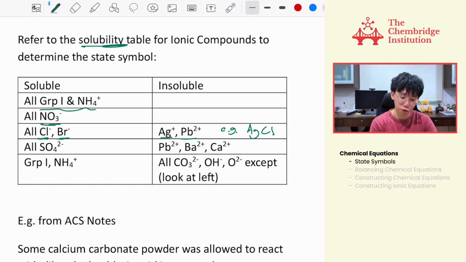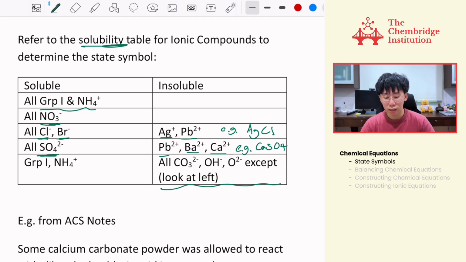Next, we look at our sulfates. All sulfates are generally soluble except with the Pb2+, Ba2+, and Ca2+ cations. So for example, calcium sulfate is insoluble. And lastly, carbonates, hydroxides, and oxides tend to be insoluble, except if you follow rule number 1, that is, if it has a group 1 or ammonium cation.